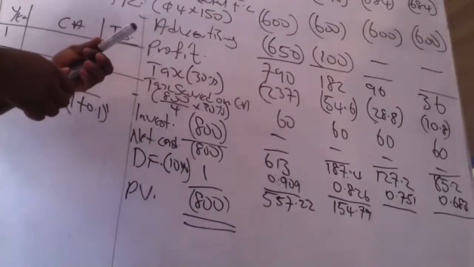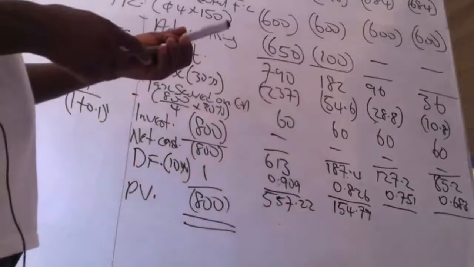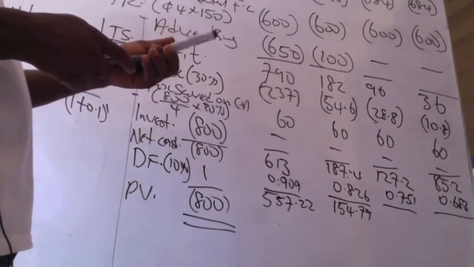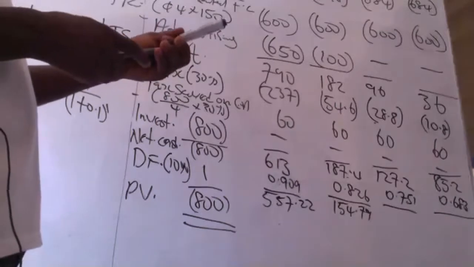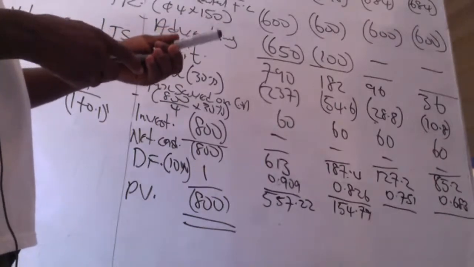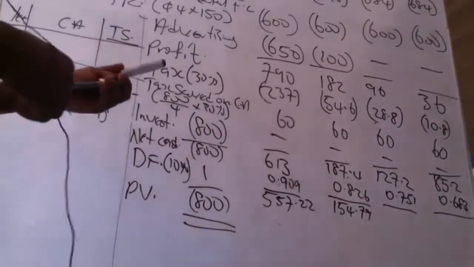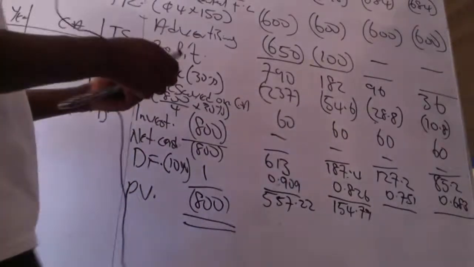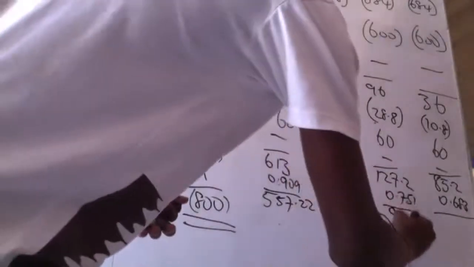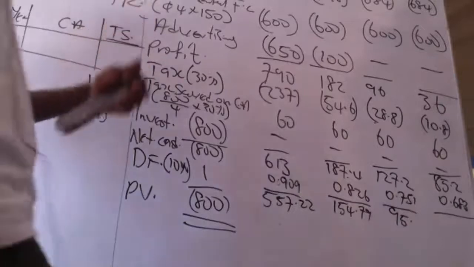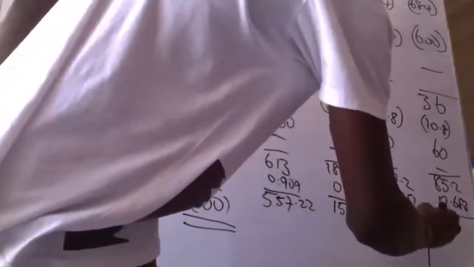Then we will have 127.2 by 0.751. Please, can you give some of the answers and confirm for me? Yes. 95.53.